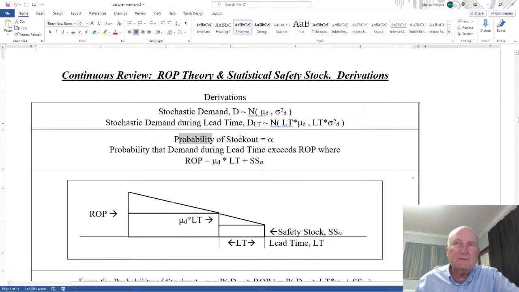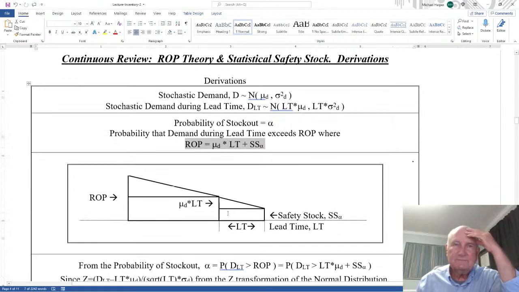Now the probability of stockout is alpha. The probability that demand during lead time exceeds ROP, where ROP is this, and the probability that demand exceeds ROP during lead time is stockout. So once you have ROP, if the actual demand during this lead time exceeds your ROP, then that's going to be stockout.